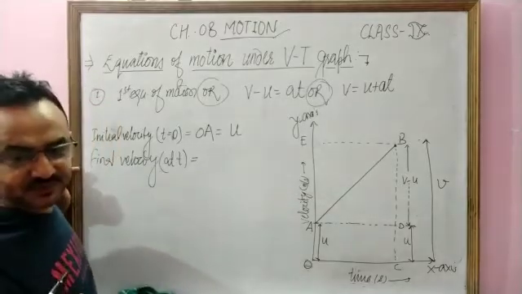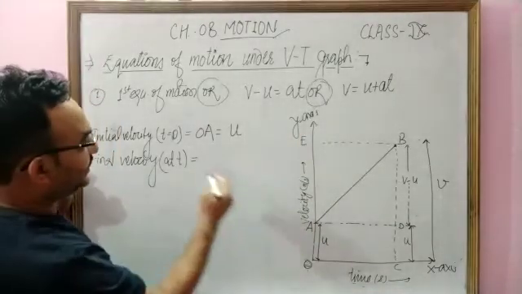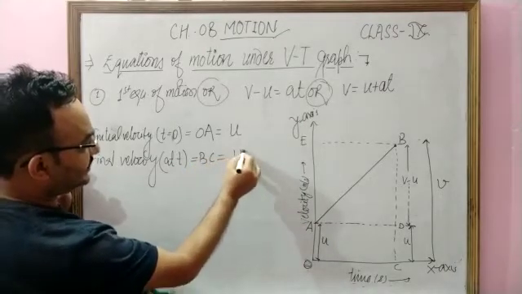What is the value of final velocity here? BC is equal to V.